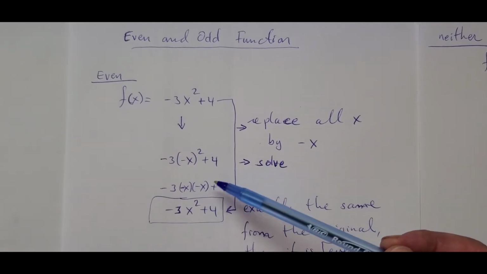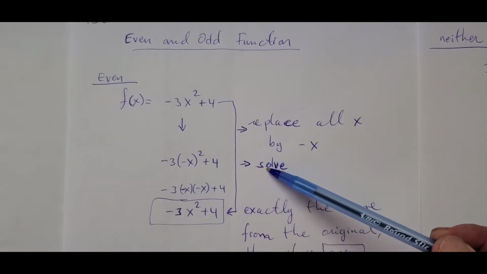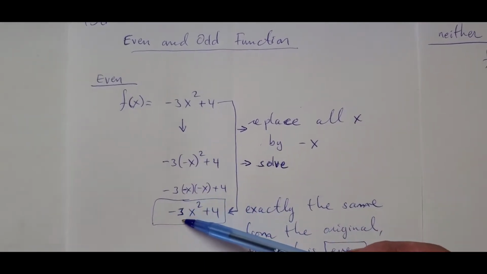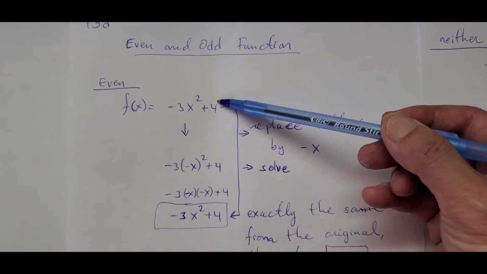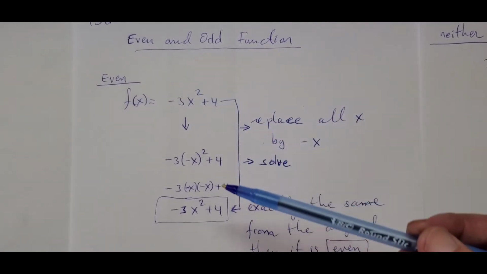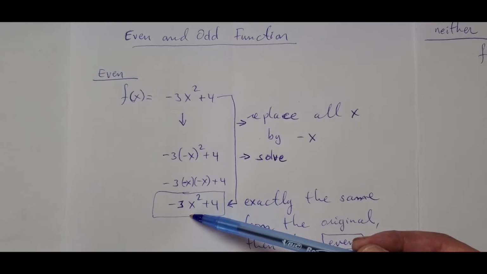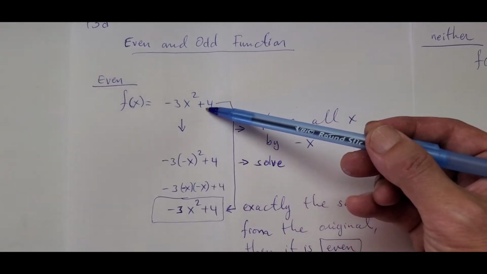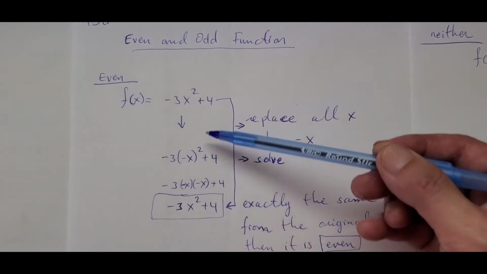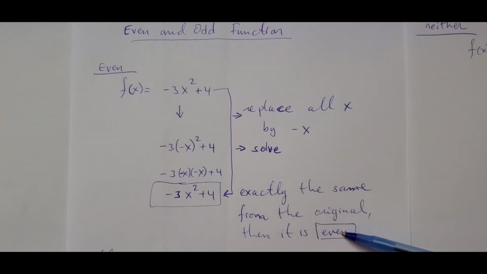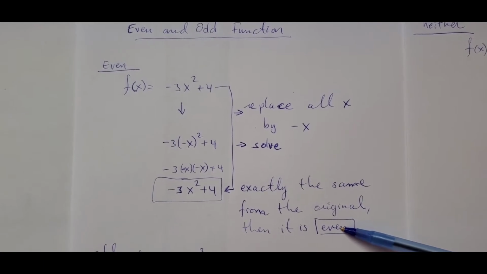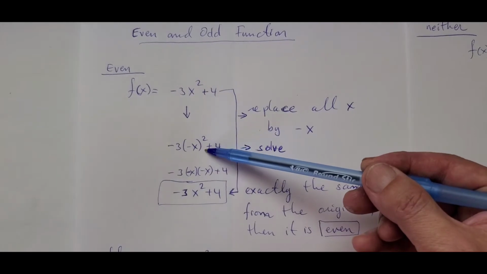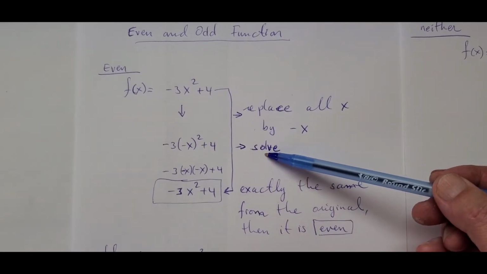Now once you solve and simplify, if this answer is exactly the same as the original, nothing changed, if you look very carefully, nothing changed, then it is an even function. One more time: replace all x by negative x, solve, simplify.